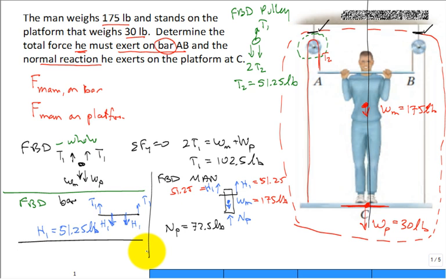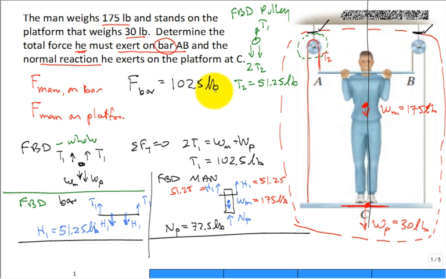Okay. All right. Well, at this point, one more free body diagram, you've solved for everything. What is the force that the man exerts on the bar? I would say the force that the man exerts on the bar is going to be 2 times, because I have 2 hands, two hand forces, and that would be 102.5 pounds.